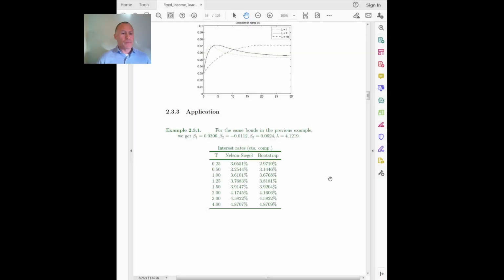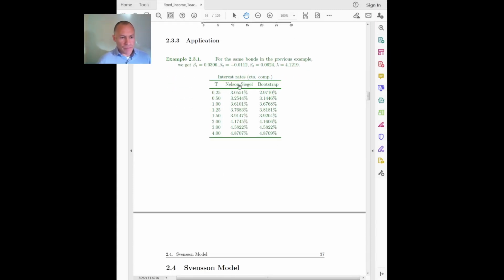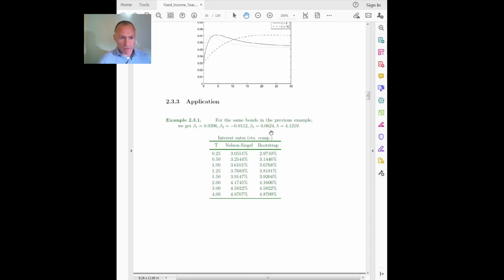So this is the final result, the Nelson-Siegel rates that we just obtained and compared with the bootstrap rates that we had before.